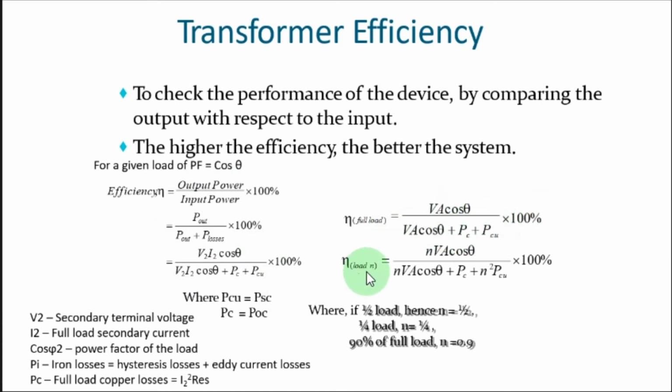And if the load factor is n, that means it's a half loaded or quarter loaded from the full load, then we can derive another equation having the load factor. n is called the load factor, n into VA cos theta over n into VA cos theta plus the core losses, which will not change due to the load because it is totally voltage dependent, and this copper loss actually has to be multiplied by n squared because it is proportional to I squared.